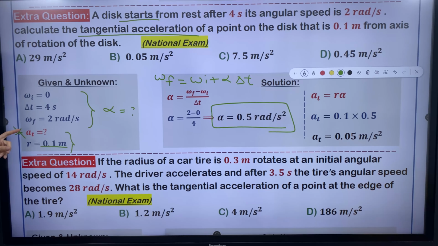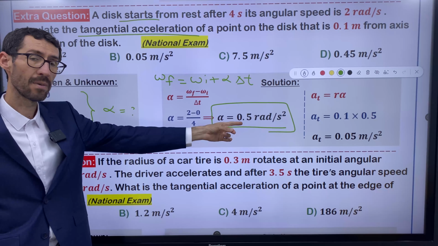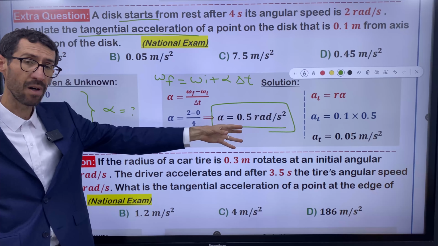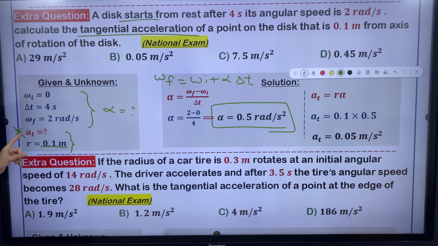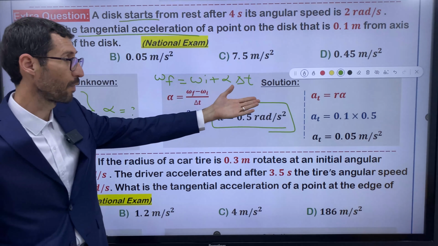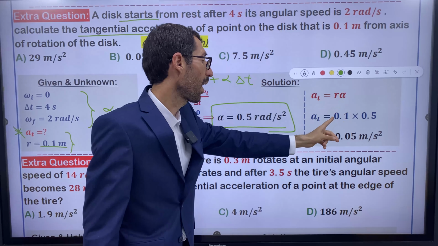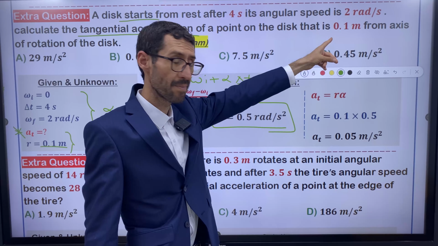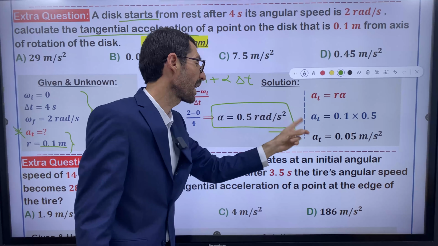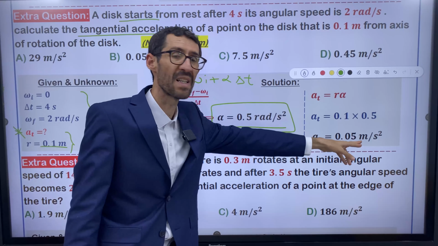We ignored it at the beginning of this solution, but after we found alpha, we use it in this equation. You can find AT is equal to R alpha. R is equal to 0.1 meters multiplied by 0.5, and the answer will be 0.05 meter per second squared.